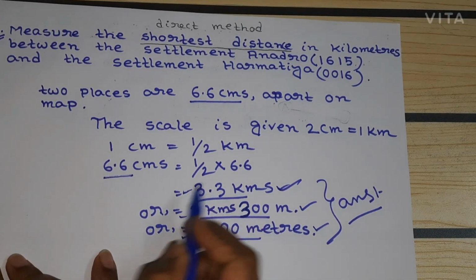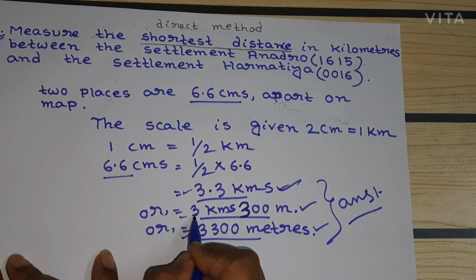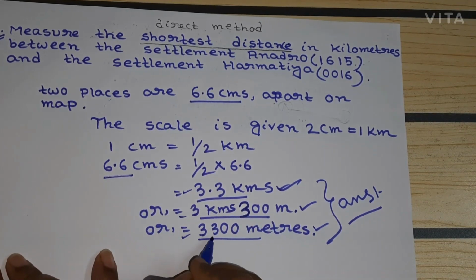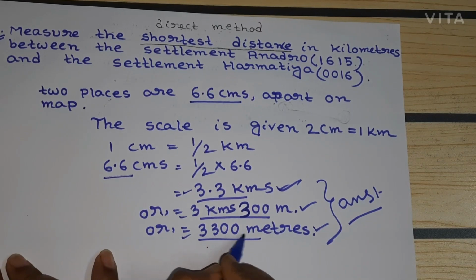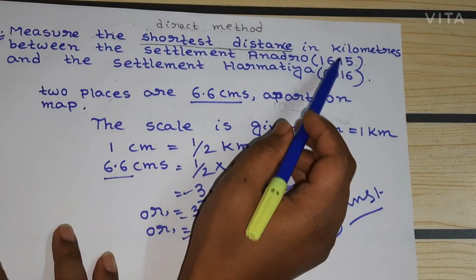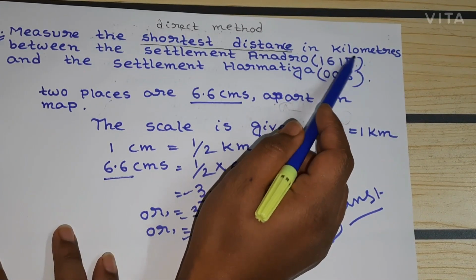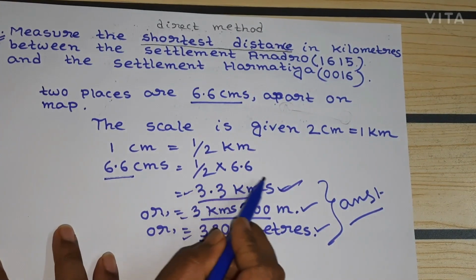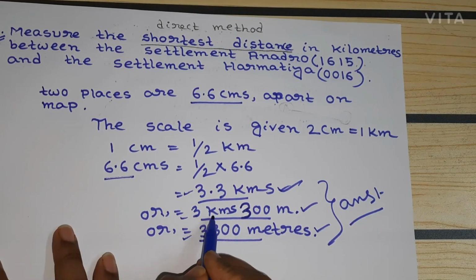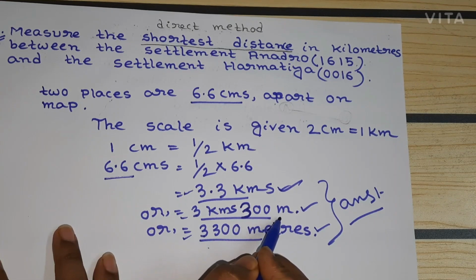3.3 kilometers, or you can also write 3 kilometers 300 meters, or 3300 meters. As this question paper asks you to write the answer in kilometers, our main answer is 3.3 kilometers or 3 kilometers 300 meters.